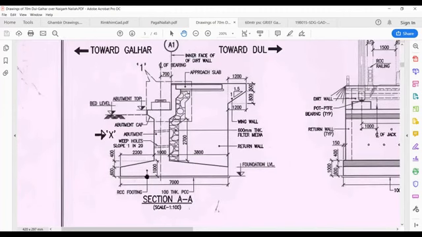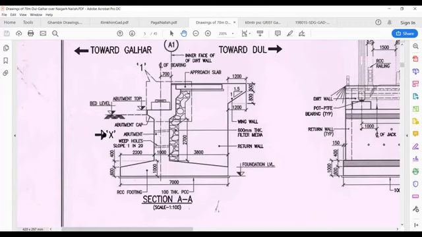In the abutment you have your footing, which is this trapezoidal portion, the RCC footing. Then there is this shaft. It's written as abutment here.